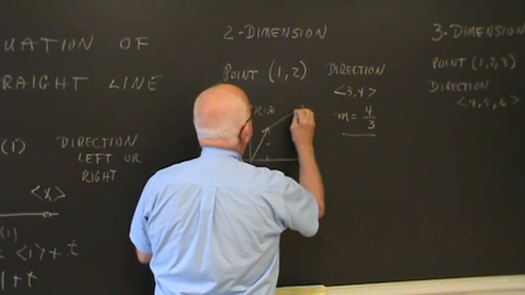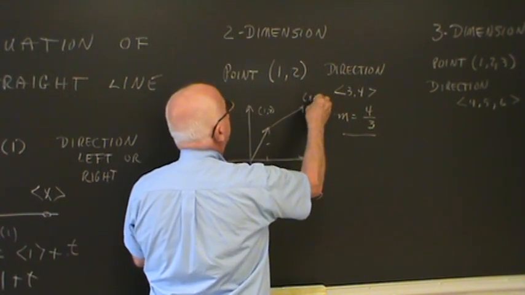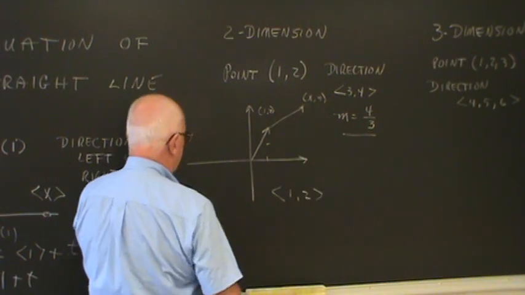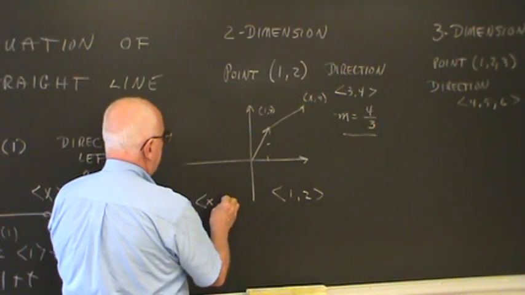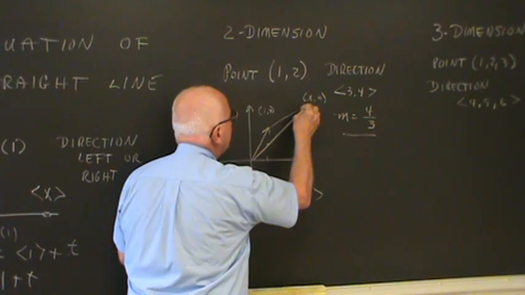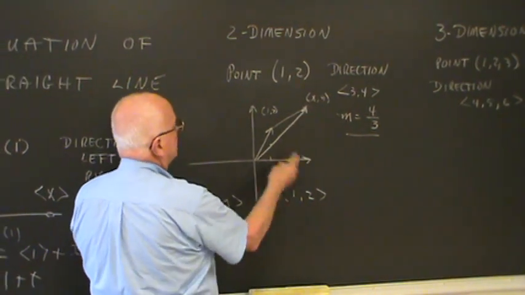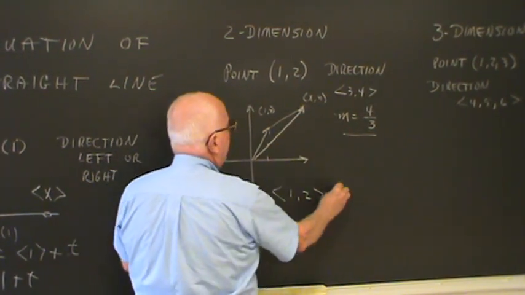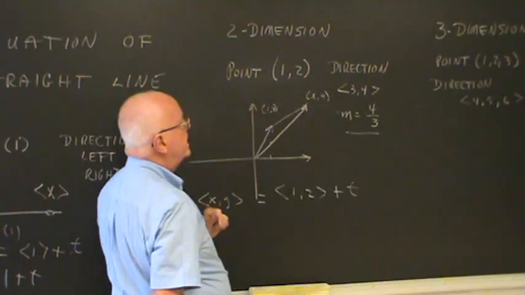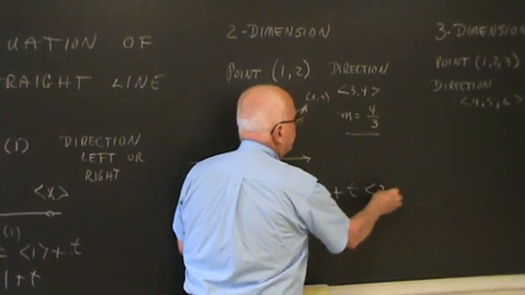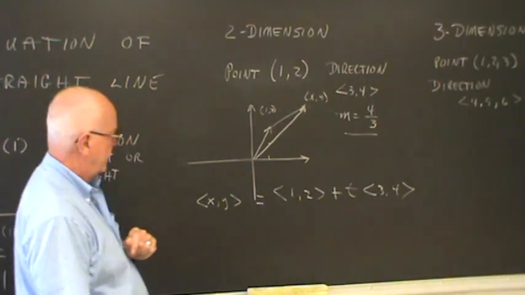So we want to go from here to here, and here is our point x, y. So to get to the vector x, y, which is this vector, we go to 1, 2, and then go over so many multiples of 3, 4.